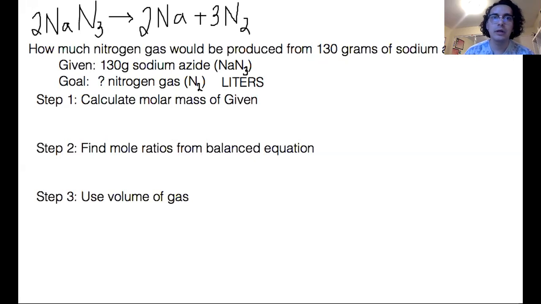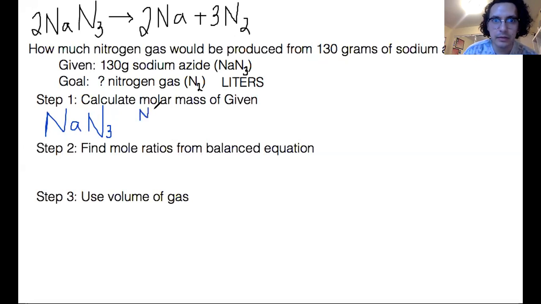So let's do that. We've got NaN3. To get the molar mass, first separate it into the atoms.